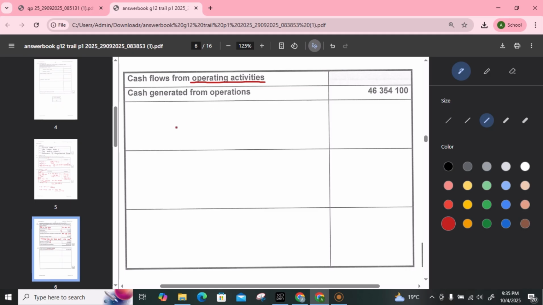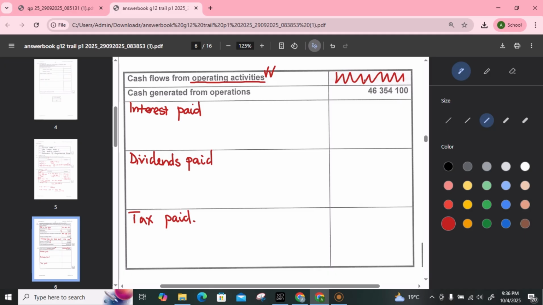So we know we must bring in interest paid, we must also bring in dividends paid, we must also look into tax paid. Those are the items which are appearing under operating activities, and this area here is shaded. It's not clear, but I can see that it is shaded.